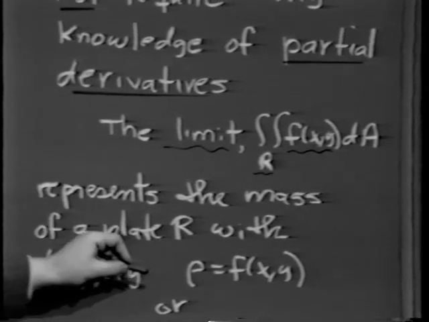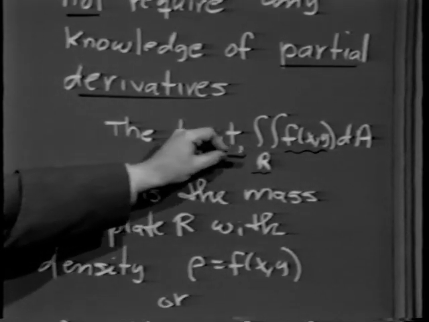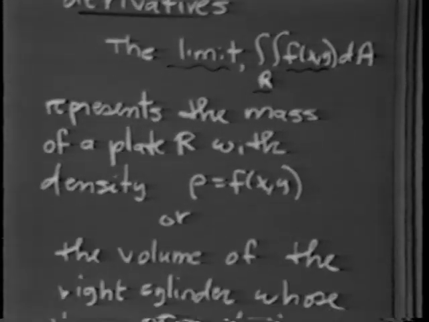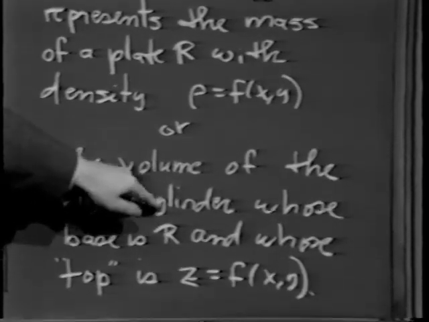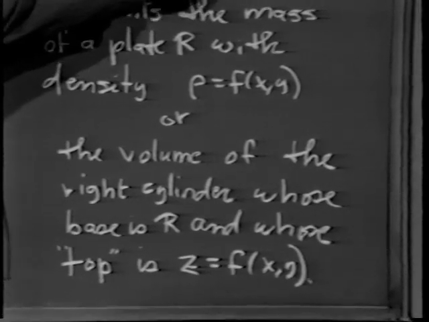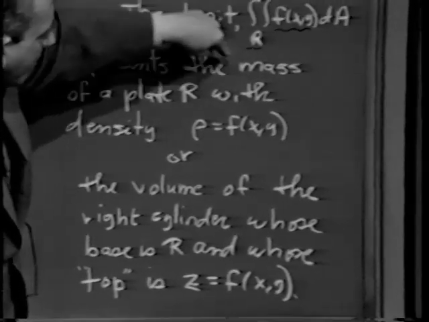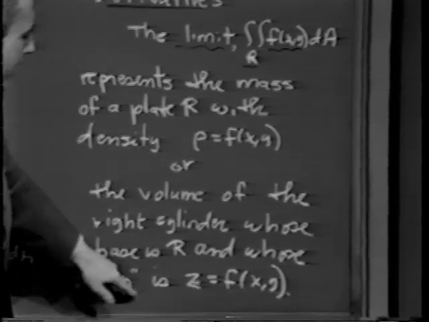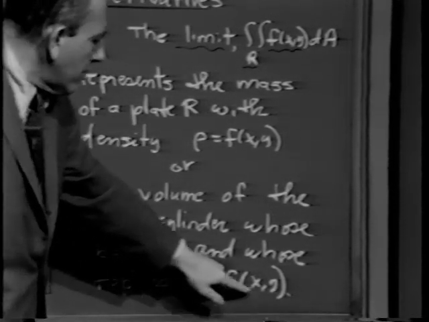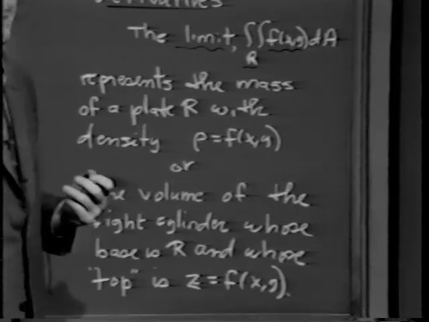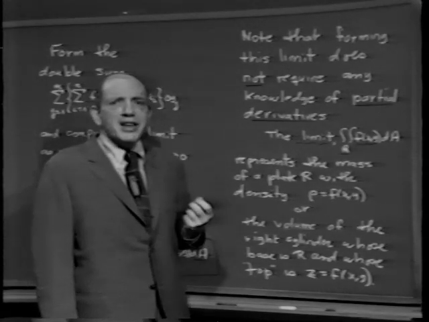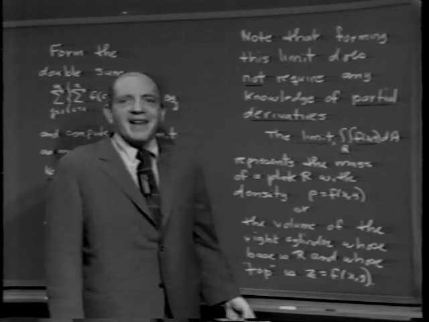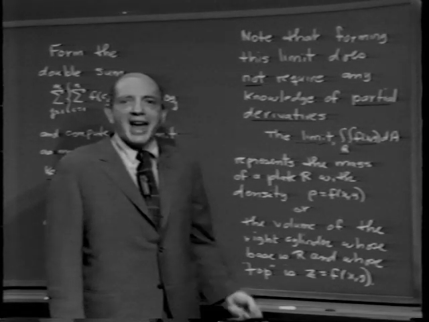A second interpretation is that this limit, when it exists, represents the volume of the right cylinder. That means a cylinder that's obtained by tracing over the region R with a line perpendicular to the xy plane, that particular cylinder whose top is the surface z equals f of x, y. In other words, here are the two interpretations that we give this. One is it can be a mass. The other is it can be a volume.